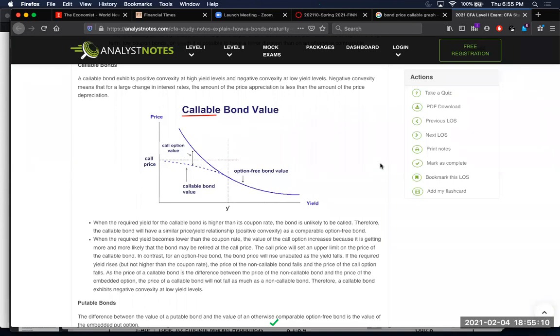Otherwise, no one would buy the callable bond. The company has to compensate the bond investors for the fact that they have an embedded option that they can exercise. And the way that they compensate them is by having a higher coupon rate and a higher yield at issuance.